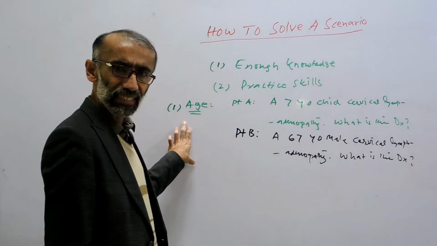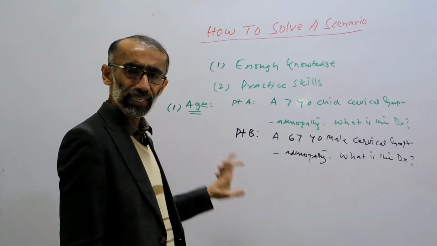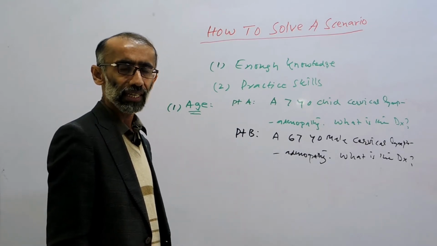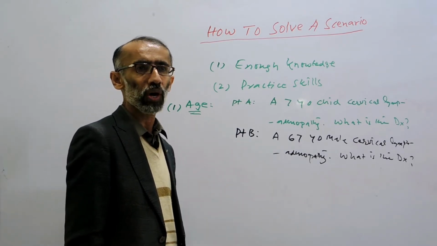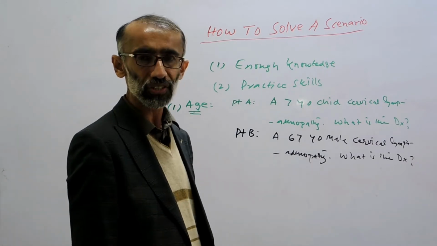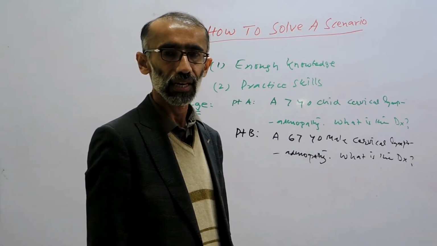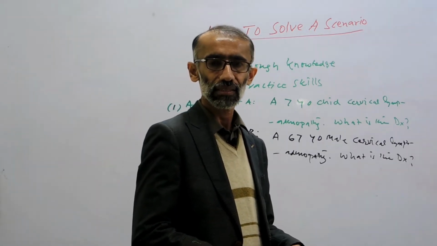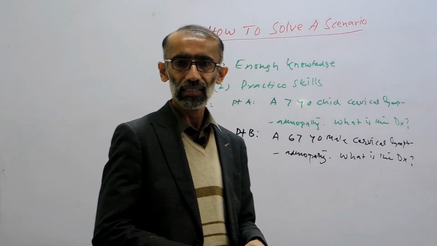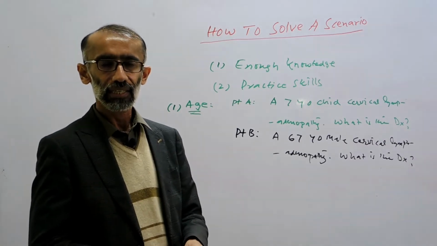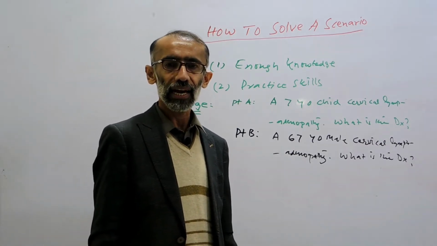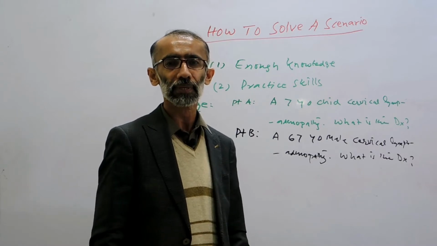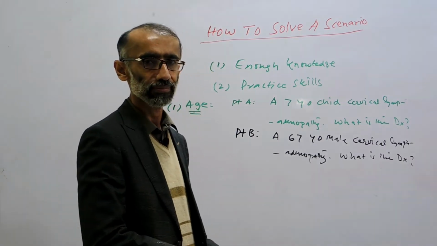Age does not only help you in making a diagnosis, it also helps you in making management measures. As we know, drug dosage, drug interactions, and drug contraindications are different in different age groups.